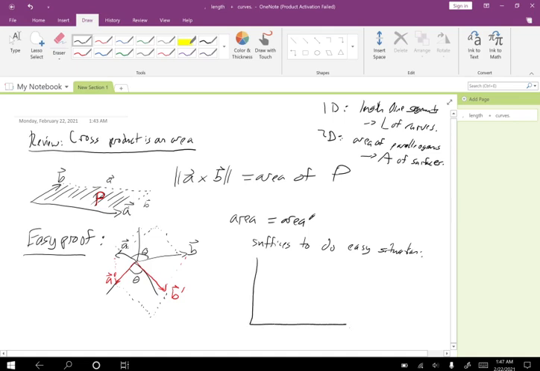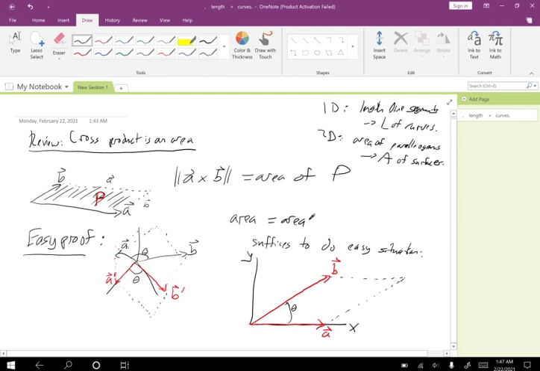Now we're in the xy plane because we rotated downwards. I will draw A on the x-axis, and then I'll just draw B like so. Any other orientation, you could rotate to this. So all we need to do is find the area of this parallelogram and show it's equal to the cross product.